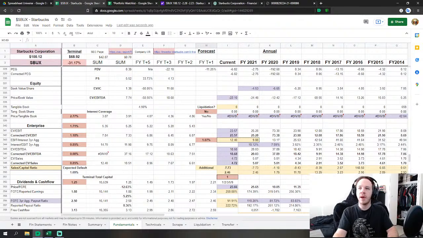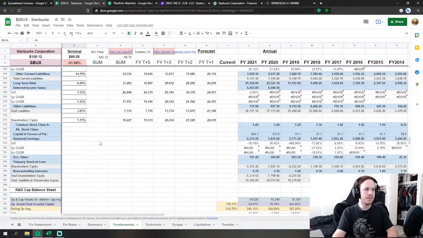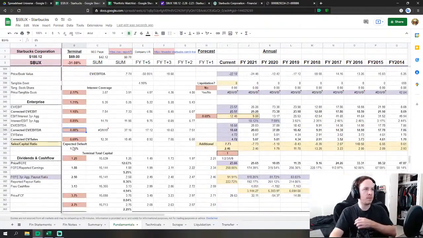So we'll go ahead and adjust this for default risks, and then we will move on to complete the valuation. Hopefully this will help them out a little bit. It does look like it's going to. Okay.